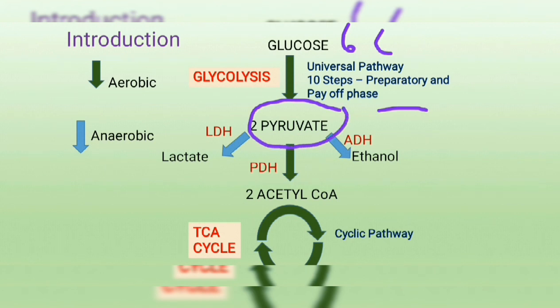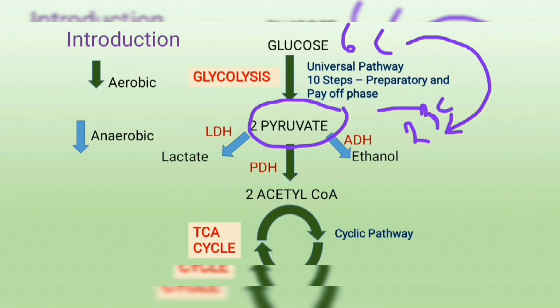This 6-carbon compound is converted into 2 molecules of a 3-carbon compound, that is pyruvate. And this pyruvate has 3 different fates. Pyruvate can be converted into acetyl coenzyme A, and this reaction is a single step reaction which is catalyzed by a multi-enzyme complex, that is pyruvate dehydrogenase.